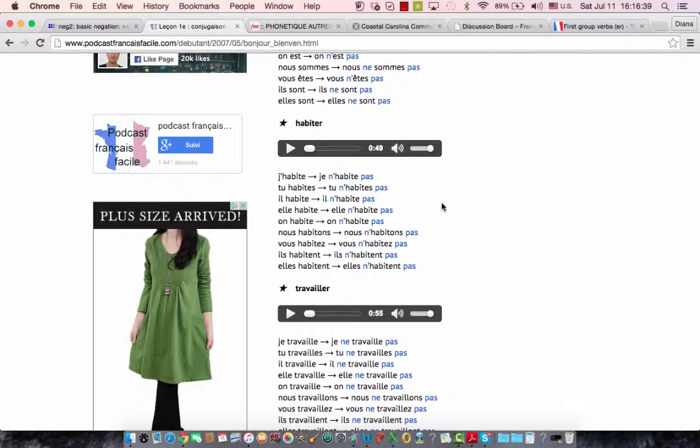Tu habites, tu n'habites pas à New York. Il habite, il n'habite pas en France. Nous habitons, nous n'habitons pas à Tokyo. Vous habitez, vous n'habitez pas aux États-Unis. Ils habitent, ils n'habitent pas en Caroline du Nord.